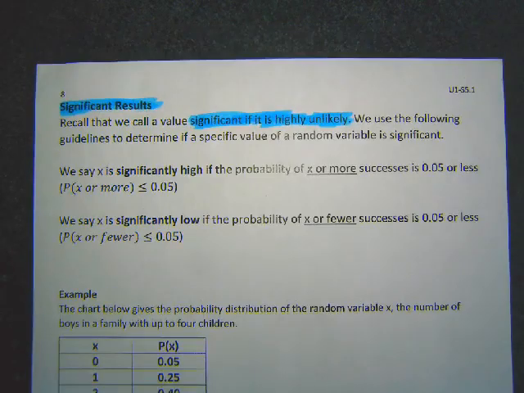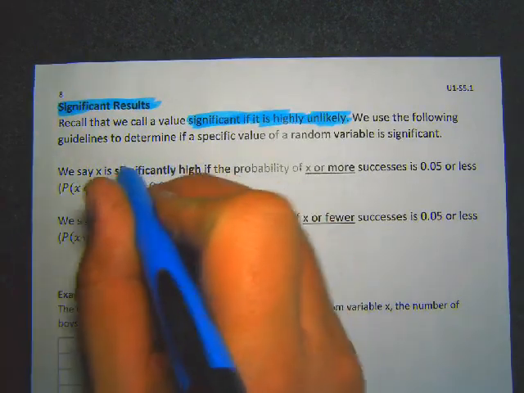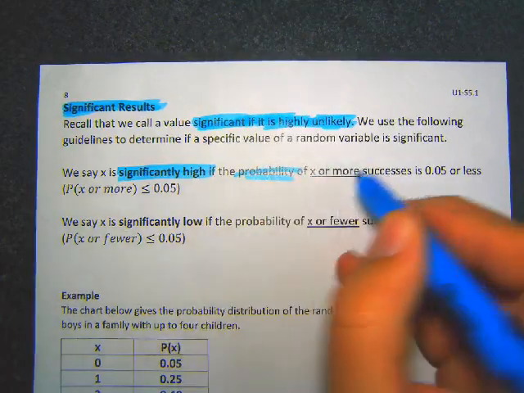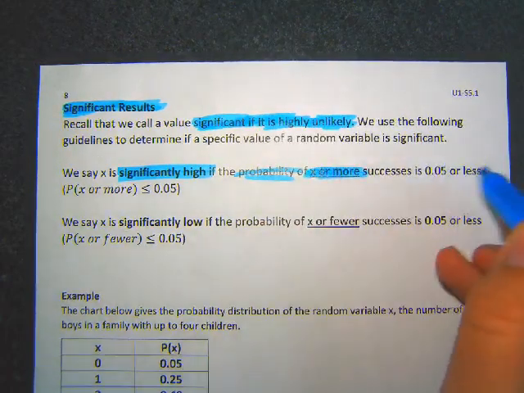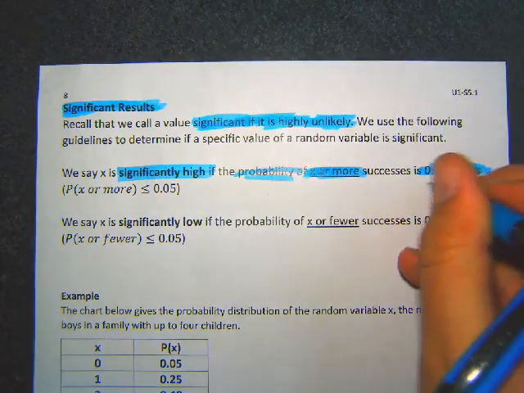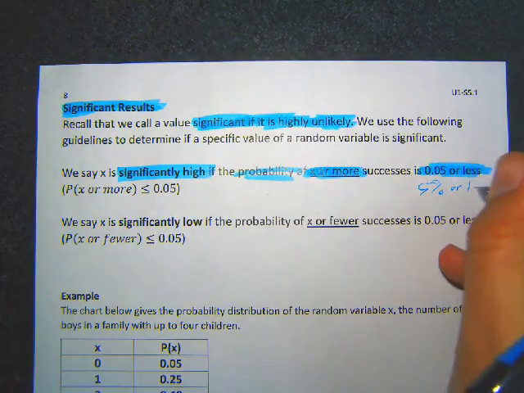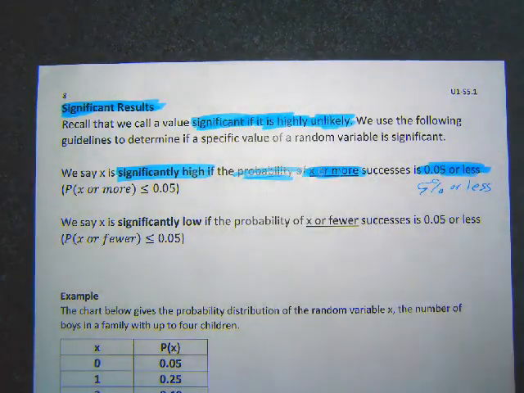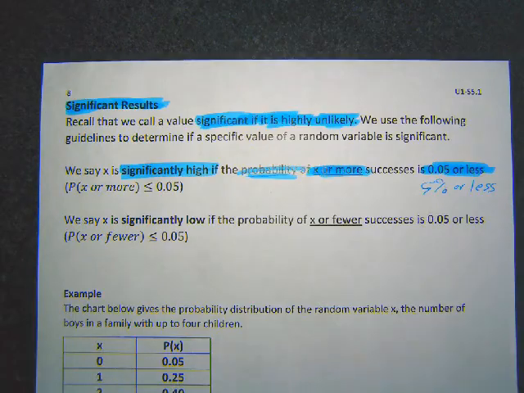We don't expect them. So we say something is significantly high if the probability of that much or more is 0.05 or less. This is the same thing as saying 5% or less. So the probability is less than 5%, you say that's significant.